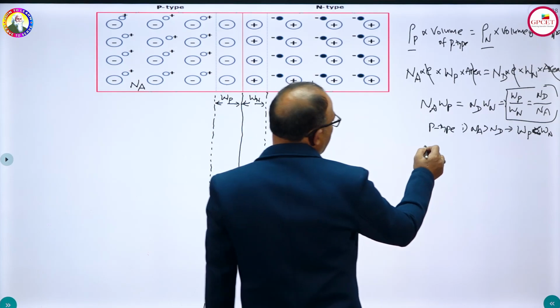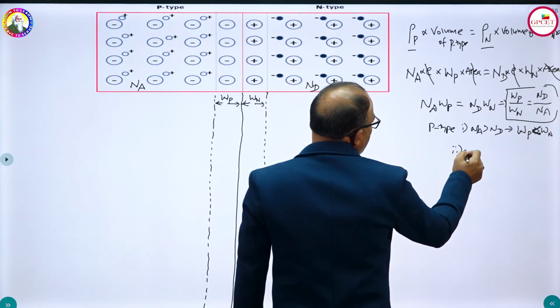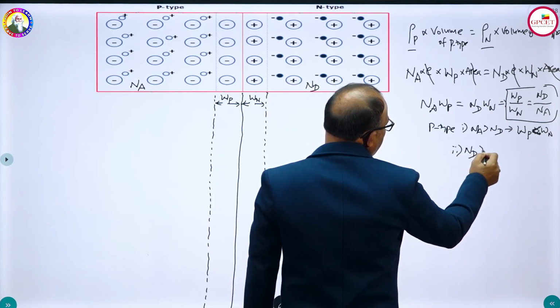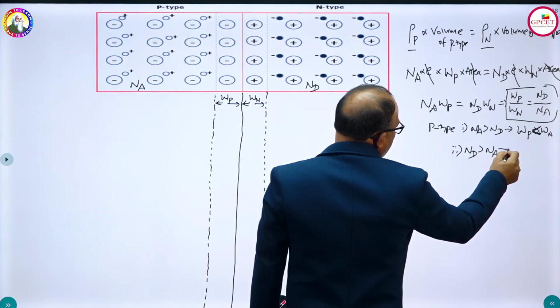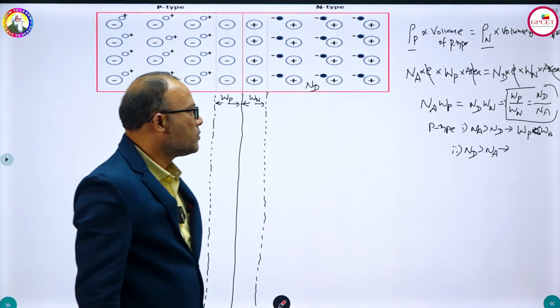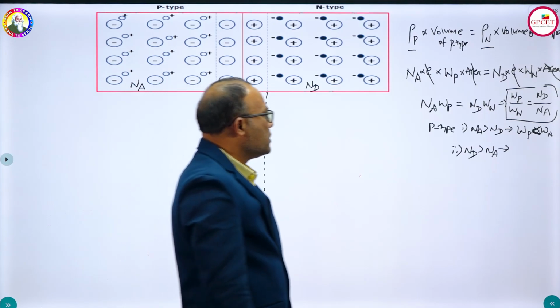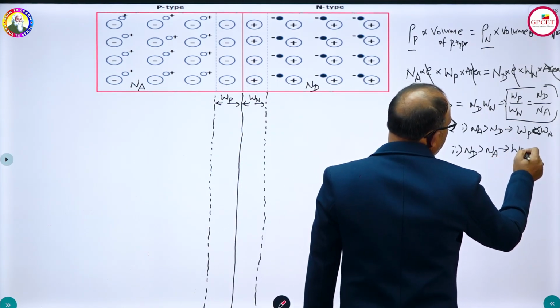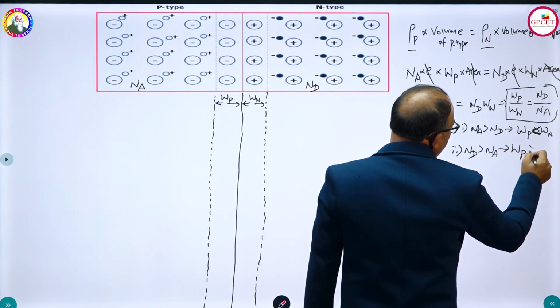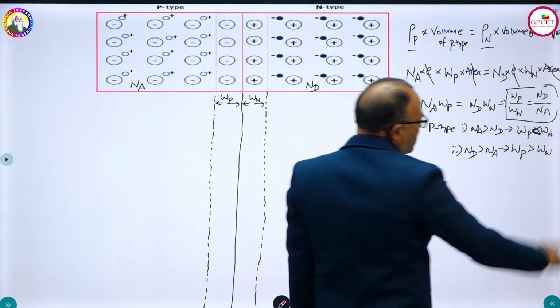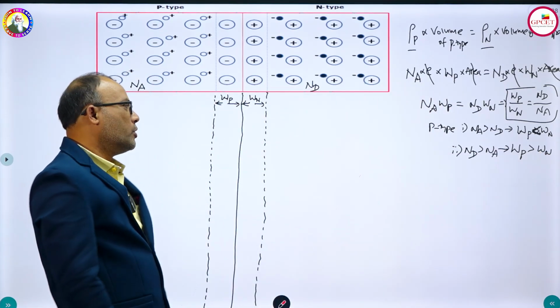Similarly, if it is an n-type semiconductor, Nd is greater than Na. The donor concentration is larger than the acceptor concentration. Then the width of the depletion region on the p side is greater than on the n side; Wp is greater than Wn.